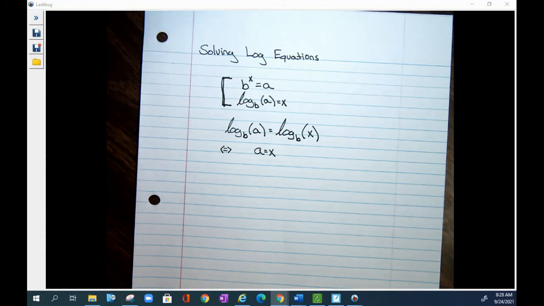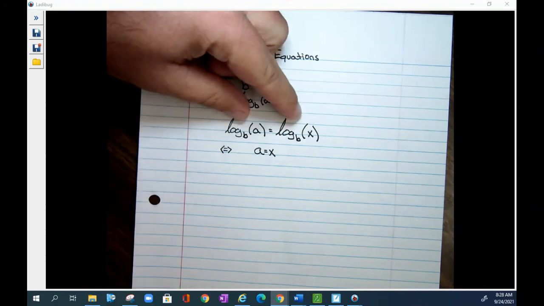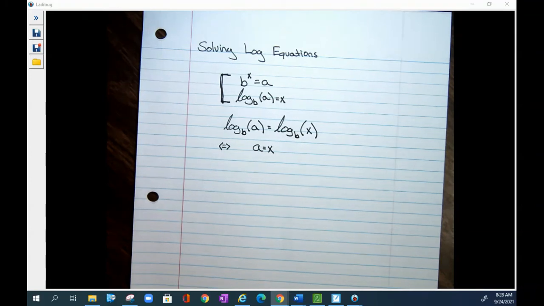Now, the easy ones will just look basically like this. So you're going to have basically two different versions of log equations. You're going to have easy ones and hard ones. Easy ones, you just are going to get handed two logs are equal to each other. You essentially drop the logs so the inside's equal to each other and roll. The harder ones are going to require you to mess around with the log properties first.